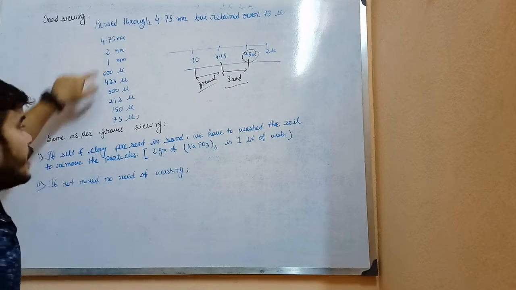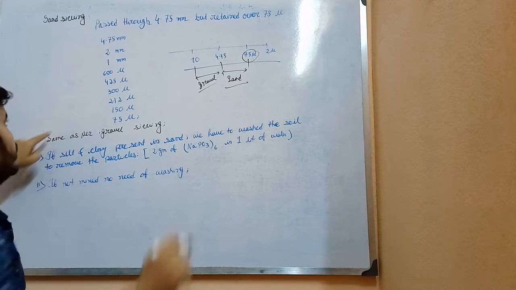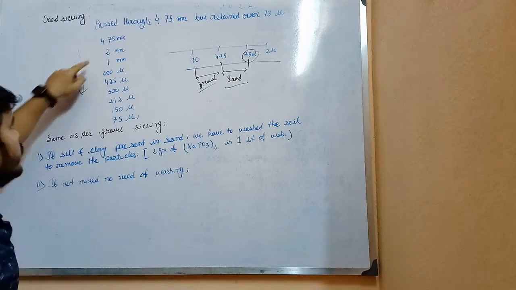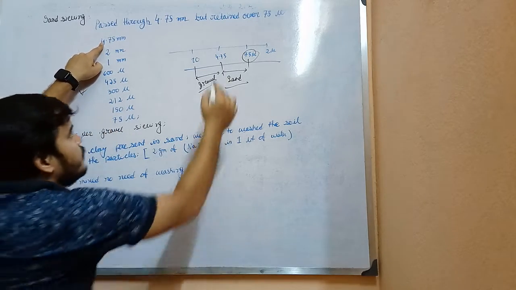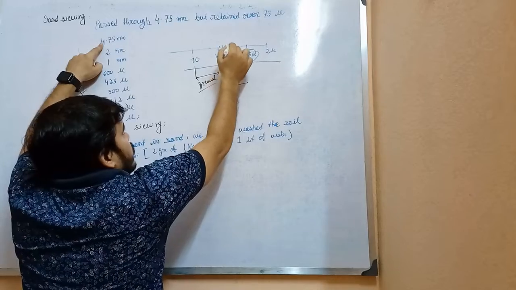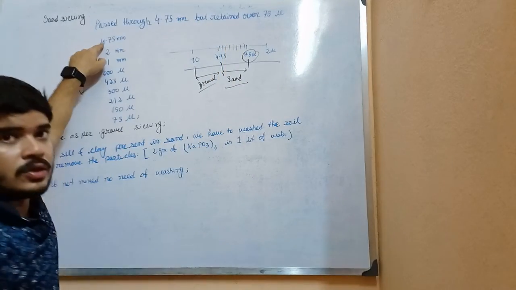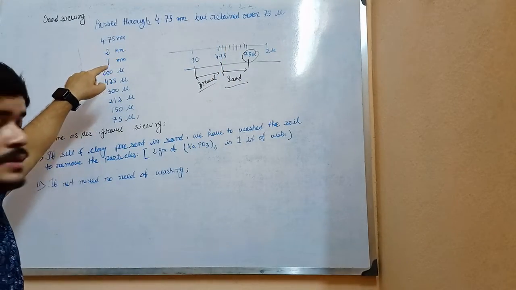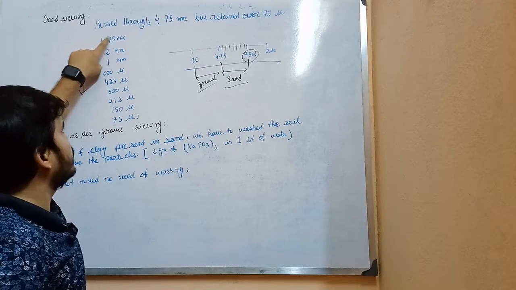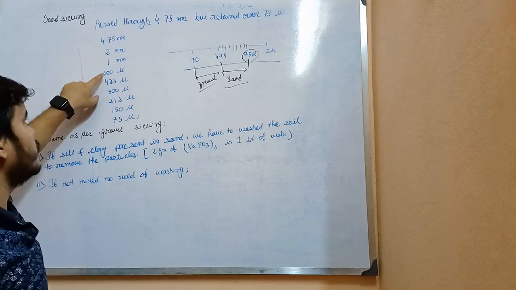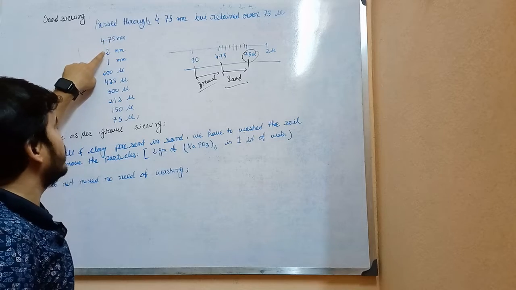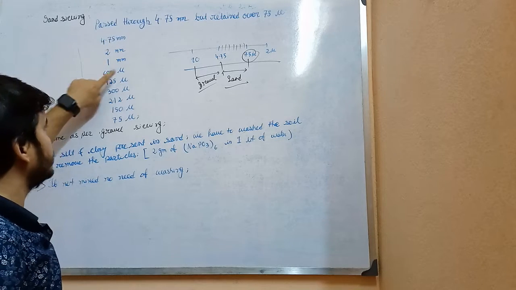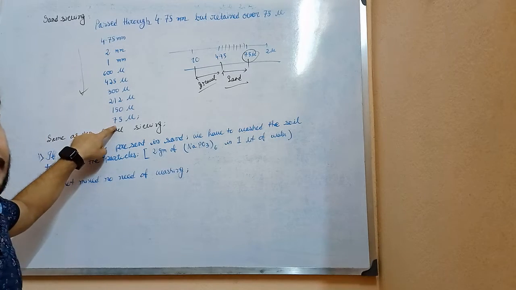We have to arrange the sieves in decreasing order. First 4.75, then in between this range we have to put some other sieves to distinguish the sand by its size: 4.75 millimeter, 2 millimeter, 1 millimeter, 600 micron to 75 micron.